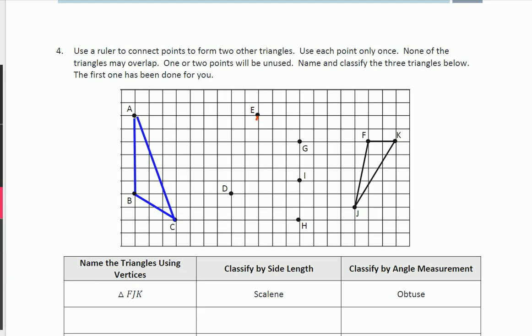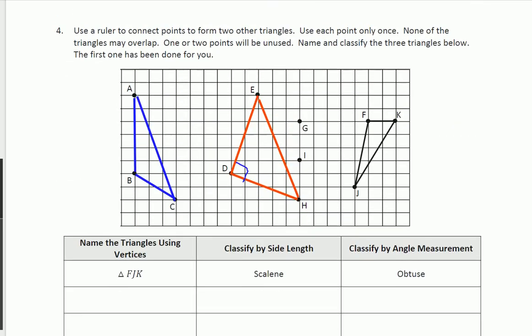Well, I'm going to do an ED, I'm going to go HD, and I'm going to go ahead and connect these two. There we go. And so I've got 2 triangles here. And I noticed on this one, that was a right angle. So now I can go ahead and classify my 3. Oh, I should have had you pause it, and you could have figured out your own triangles, because they don't have to be exactly like mine. But if we did use these, we can use the classifications down below.